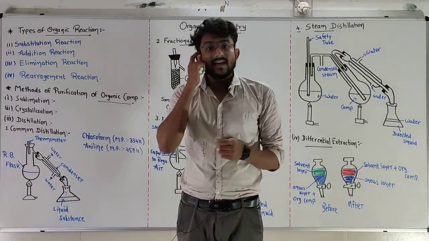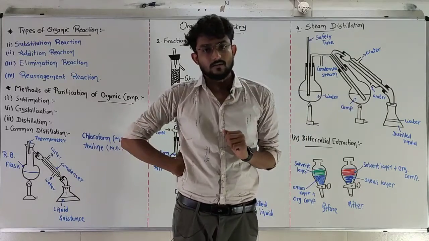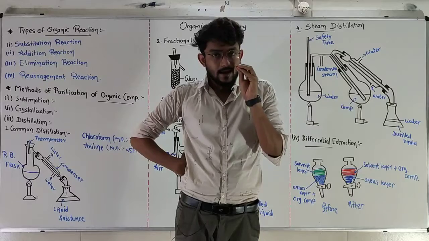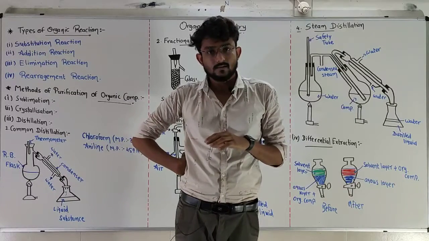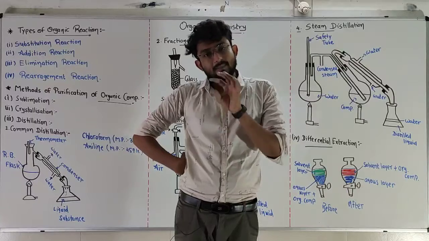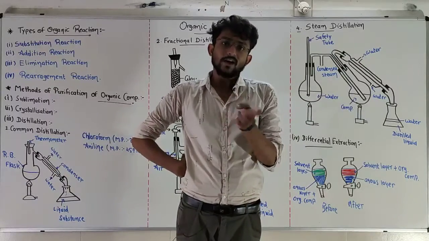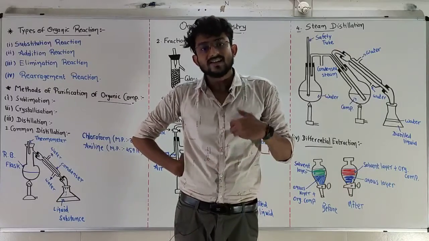Suppose there is a difference in solubility between two solvents. If I have an organic compound and I dissolve it into water, the solubility difference will make that compound crystallize.